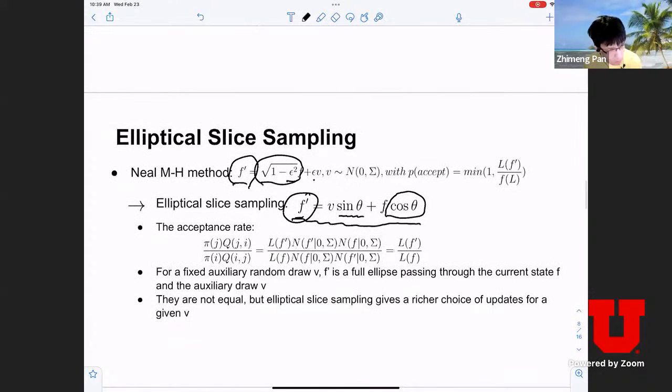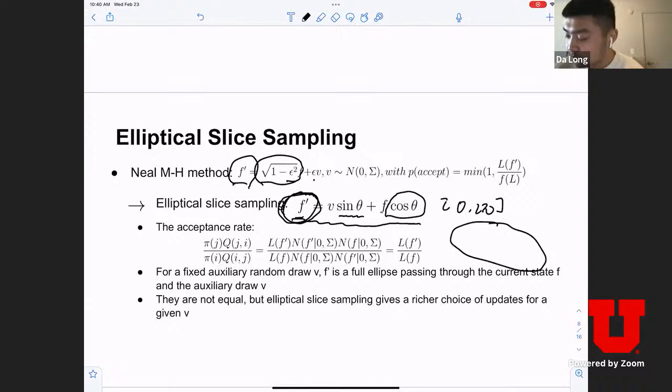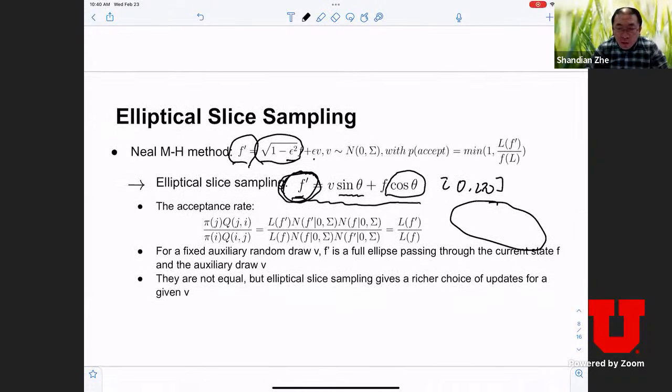What is theta here? Theta is an auxiliary random variable from 0 to 2 pi. As you vary theta from 0 to 2 pi, the trajectory of F prime is actually an ellipse.